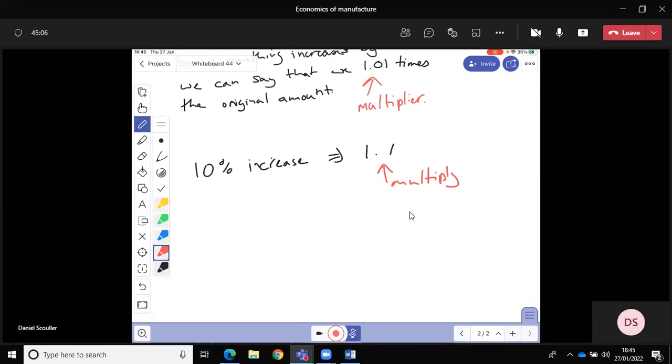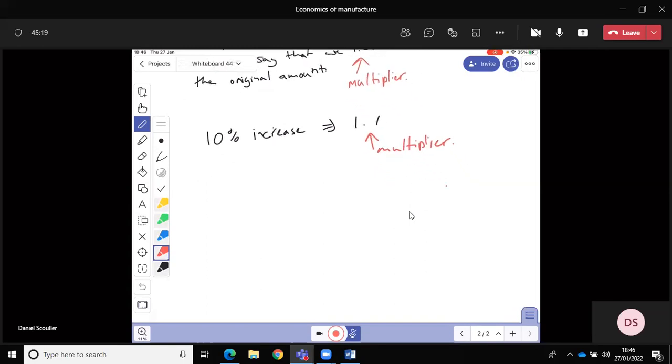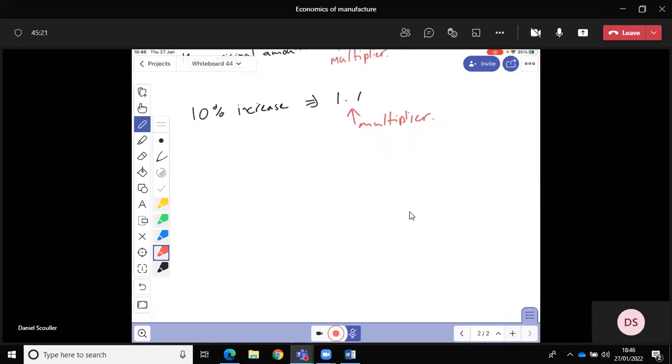It's an odd way of writing it. It's actually easier to do it than it is to explain it, daft as that sounds. 10% can be written as 0.1. If we're increasing, we're going to greater than the number 1, so it's 1.1 that we multiply by. So let's put that in an example.